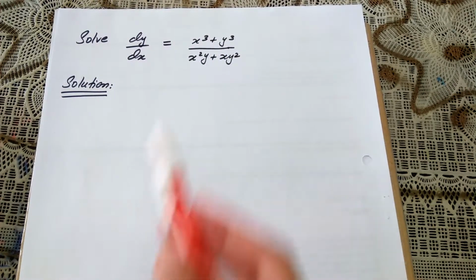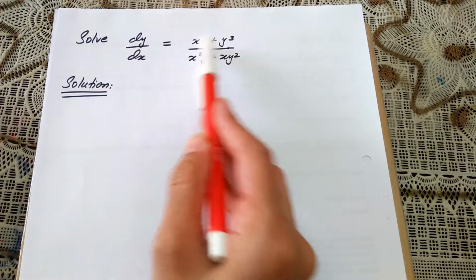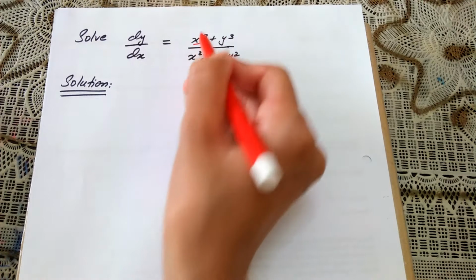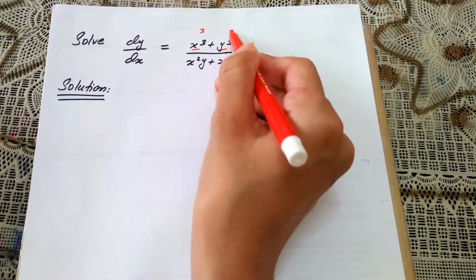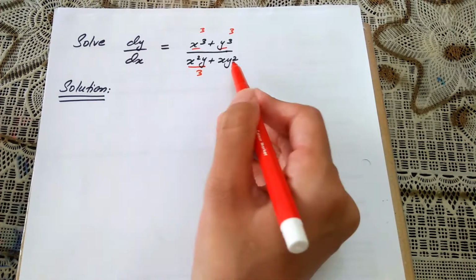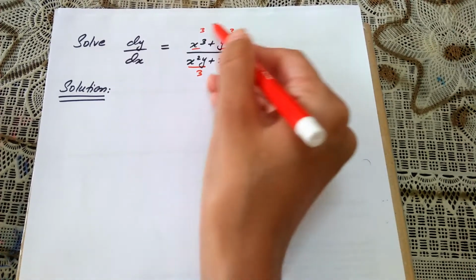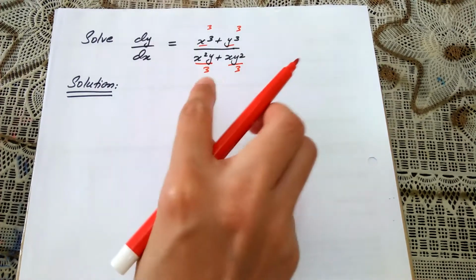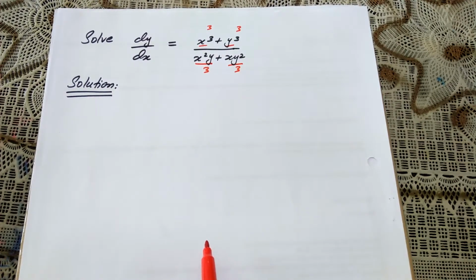The degree is 3 here, 3 here, and 2 plus 1 is also 3, and 1 plus 2 is 3. So the degree is the same throughout, which means the function is homogeneous in nature.